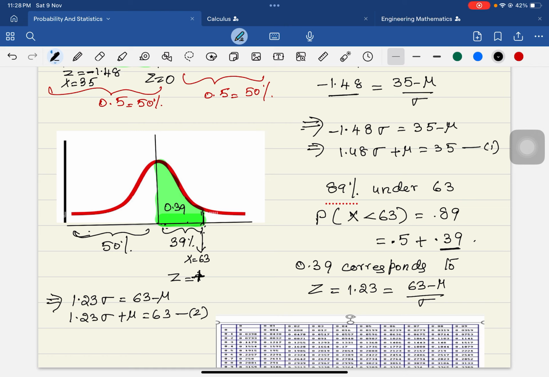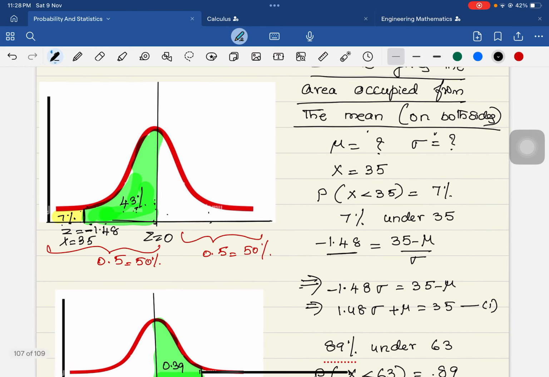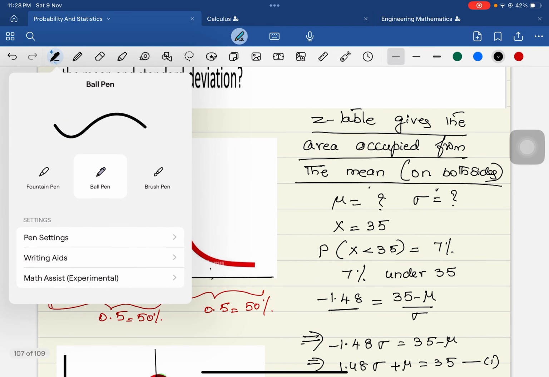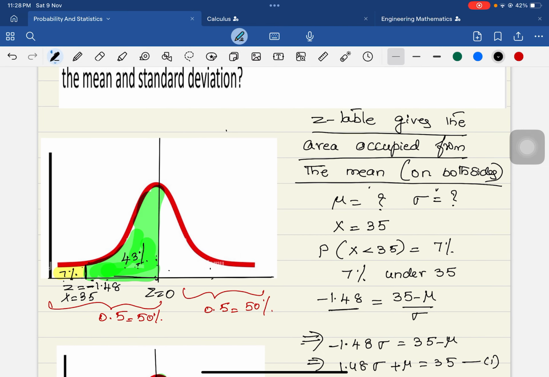So from equations 1 and 2, you can put them in the calculator and get the solution. So the value of mu is here given by 10.332 and sigma is 50.2915.